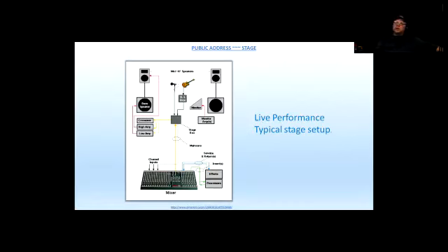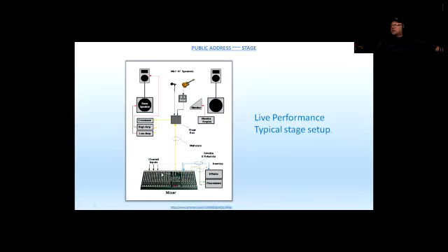So this is the analog type of system, still being widely used all over the place. However, most likely right now you are going to see digital systems more and more often. So what we have here is a stage box on the stage, and if we have a stage box or a snake splitter or snake fan out that is servicing the inputs on the stage, in an analog scenario we would have a cable for each channel.